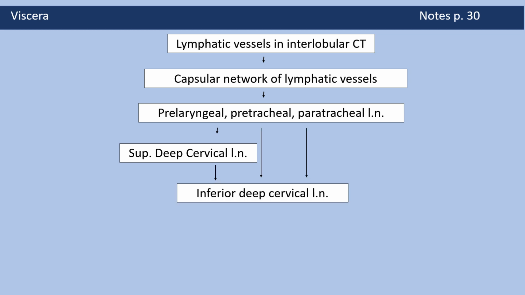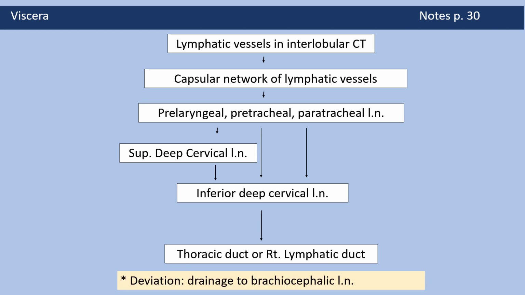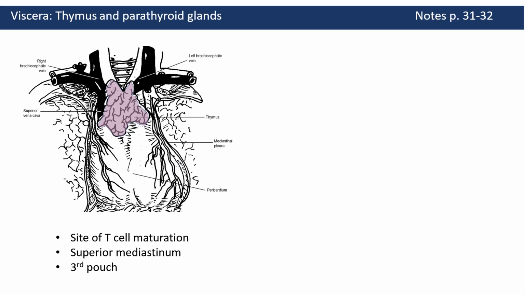And then the more inferior ones may travel directly to the inferior deep cervical lymph nodes. Regardless, all of the lymph in the neck ends up in inferior deep cervical lymph nodes before traveling through the jugular lymph trunks to the right and left venous angles via the right lymphatic duct or the thoracic duct. And then your notes have a small deviation that happens a small percentage of the time.